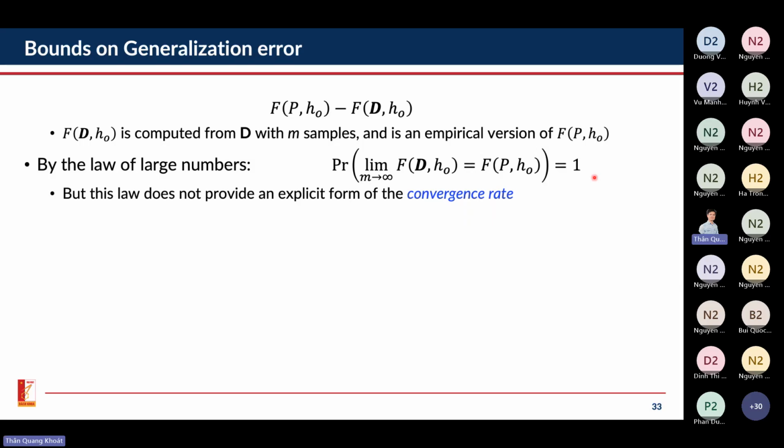This is the law of large numbers, okay? And it means that the training error can be very good for estimating the test error, right?